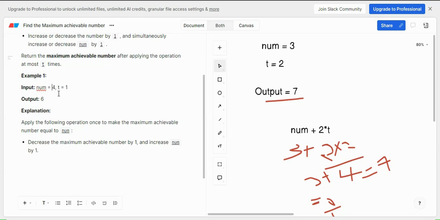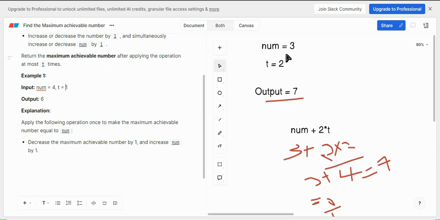If you look at only one test case, you will not be able to recognize the pattern, so it's better to look at two or three test cases. Then only your brain will try to find a pattern.